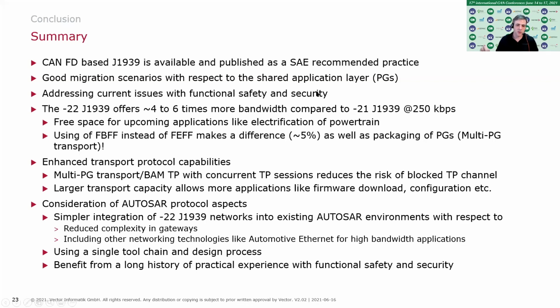It is not in the standard right now, but as I mentioned earlier, if you need to do this today, you may simply take what is available at AUTOSAR. You can use the AUTOSAR functional safety and security profiles if the sender and receiver use them as well. And then J1939-22 offers 4 to 6 times more bandwidth. This is what we have measured with some prototypes.